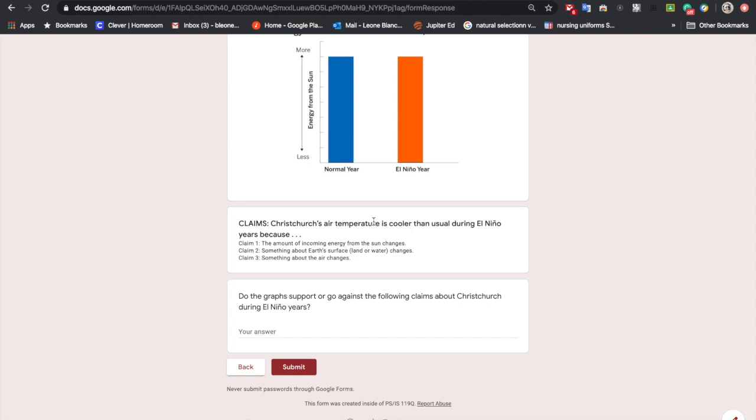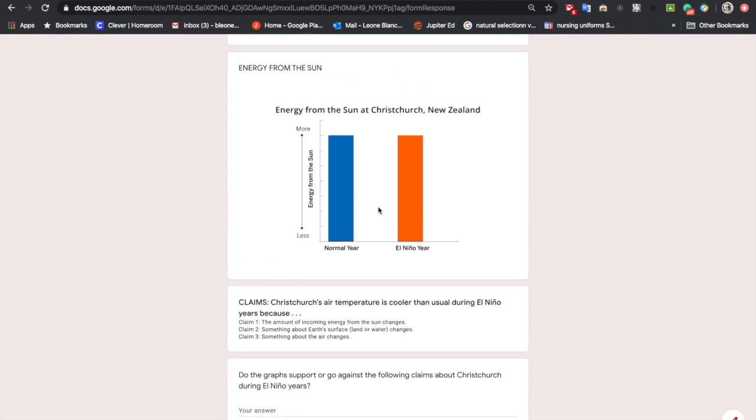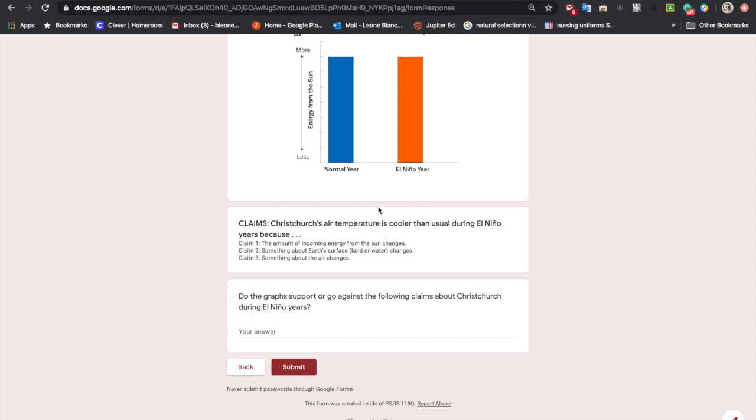And at this point, we can pretty much rule out claim 1 because the amount of incoming energy from the sun changes, which we see in graph 3, it doesn't. So far we're still left with claims 2 and 3, but I want you guys to explain why these graphs would support or go against, or another way to say that is refute, the claims above.